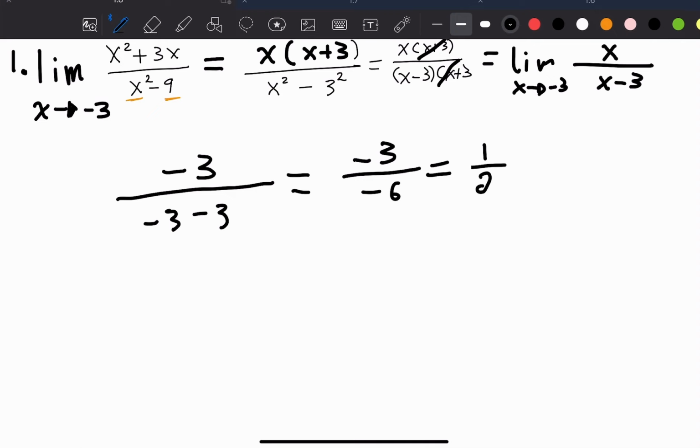This is 1/2, you see? So this limit does have a value, which is 1 over 2, but we were just able to find it because we factorized. Remember, when you get a limit 0 over 0, what you have to do is factorize.